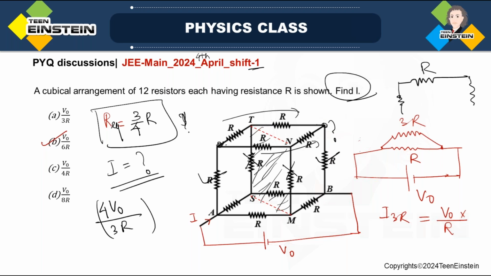Basically you will have 3R on the upper branch, and in this plane, out of these 4 resistances, these two are in series and these two are in series, so R, 2R. From here also I'll get 1R. So I'll get the equivalent resistance as I had solved yesterday.